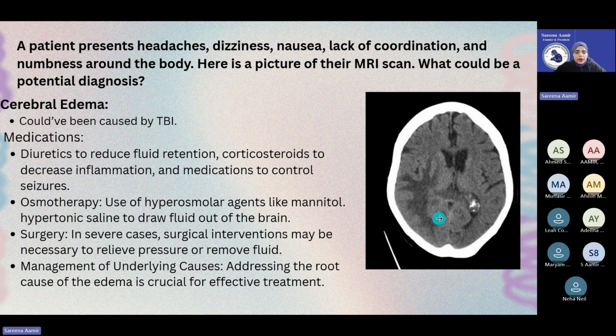Then we have osmotherapy. So this is where you use hyperosmolar agents like mannitol. And basically it's like hypertonic saline, and it's used to draw fluid out of the brain. So if you're doing A-level biology specifically, then you would know that hypertonic means the inside of the cell has a higher water potential than the outside of the cell.